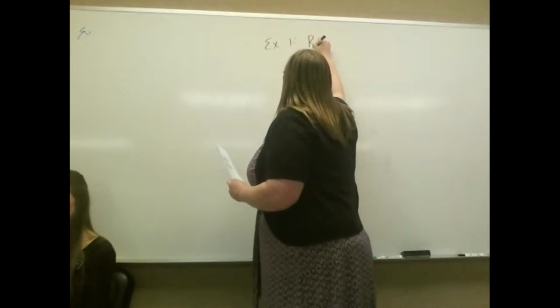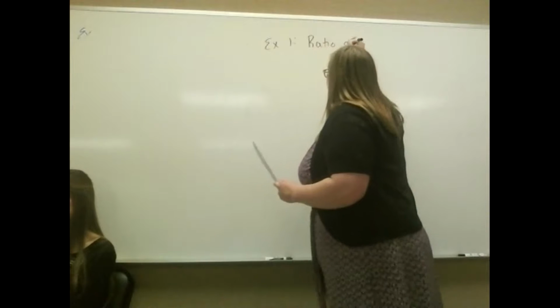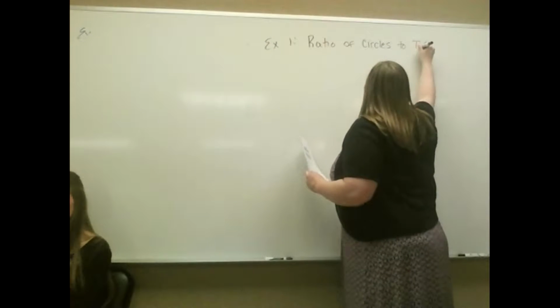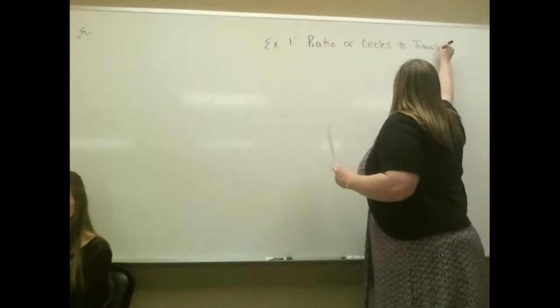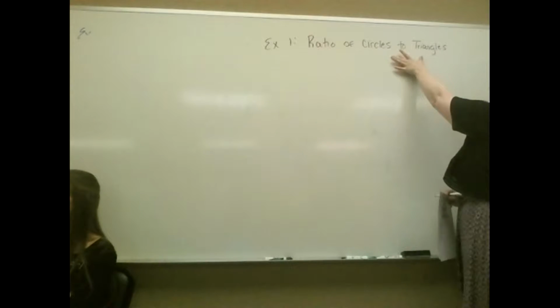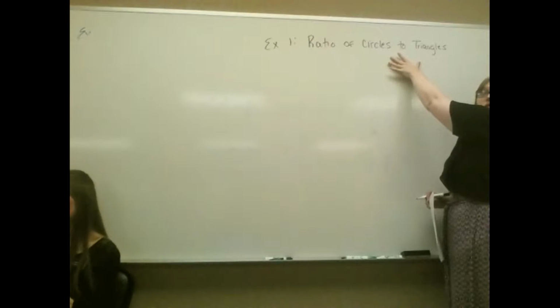So, ratio of circles to triangles. Whenever you're writing ratios, it's important to make sure and list the numbers in the order that it's given in the instructions, all right?